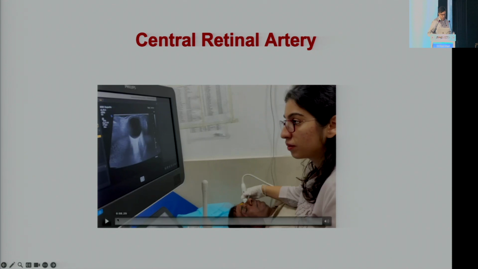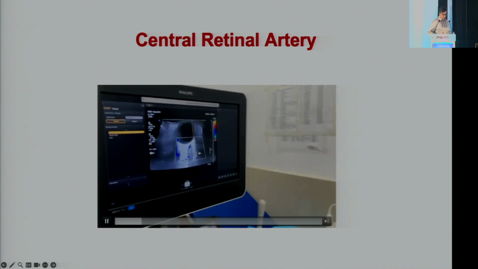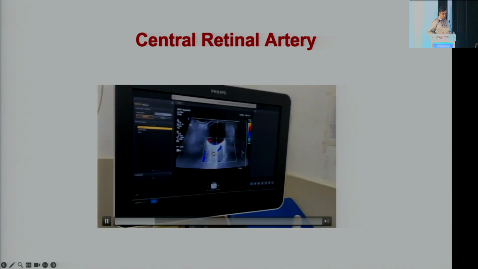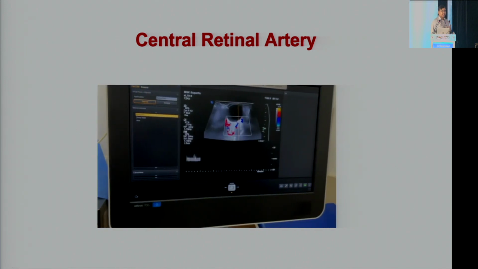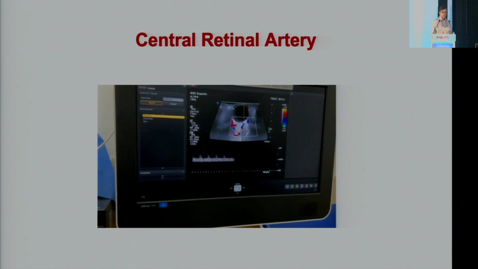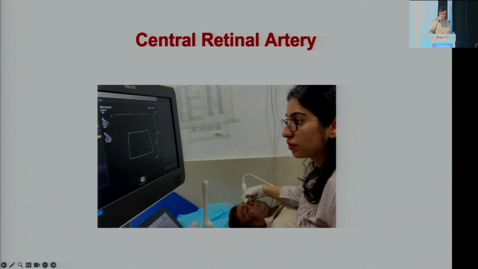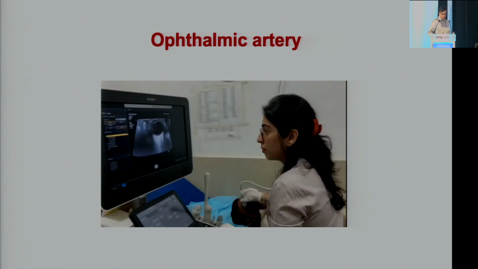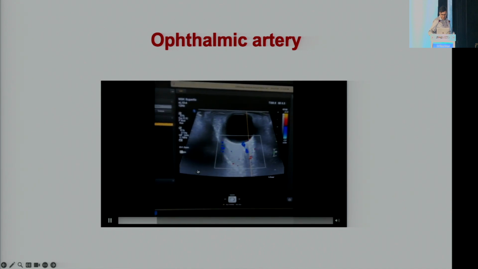I can show you that there is evidence, sir. You can see here that we are getting very good flows. So for those who have access at their institutes or friends in the radiology department, you can get good flows of the central retinal artery as well as the ophthalmic artery, as you can see here.